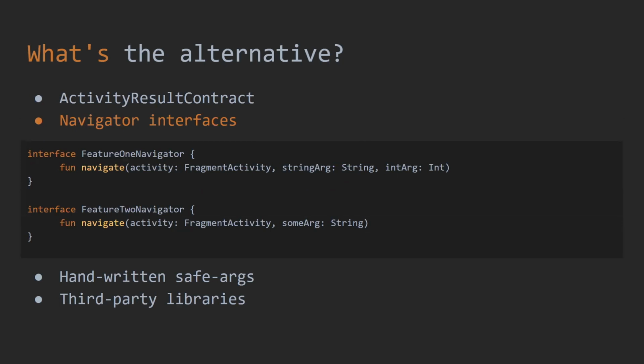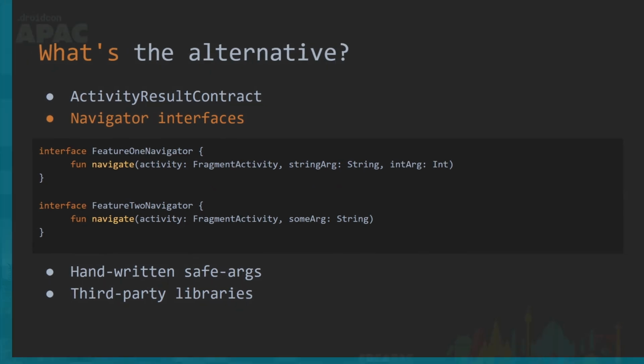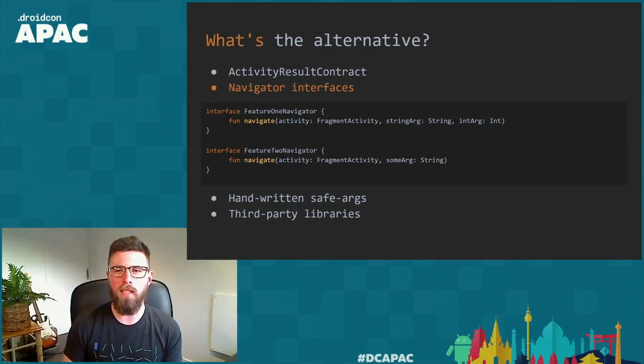Next up, we've got navigator interfaces, which is a pretty simple solution, although it can end up being quite verbose. Essentially, your core module defines a set of interfaces, one for each screen that you might want to navigate to. Each feature module then implements one or more of these interfaces and uses dependency injection to retrieve the interfaces that it needs to actually perform navigation.